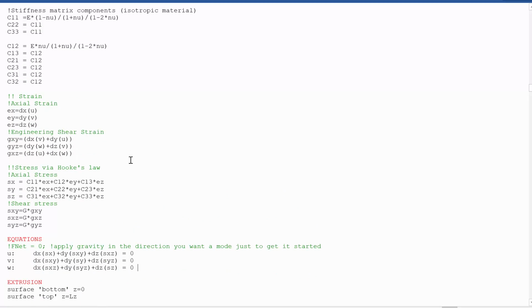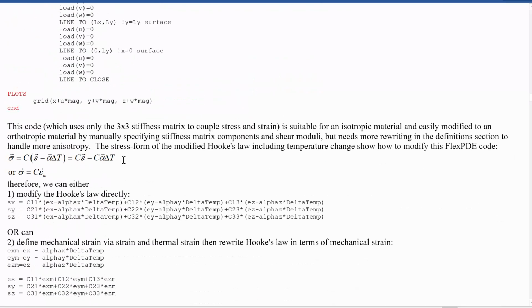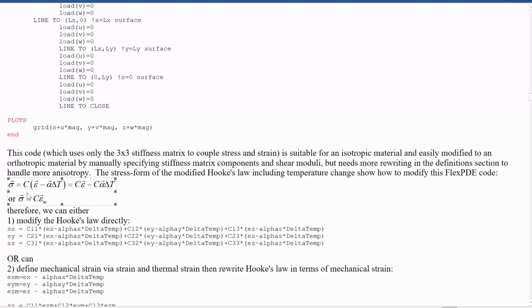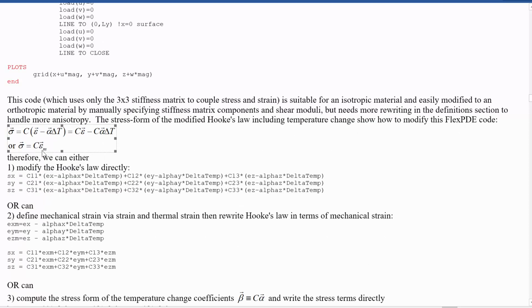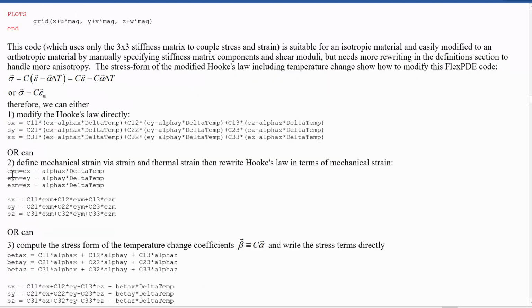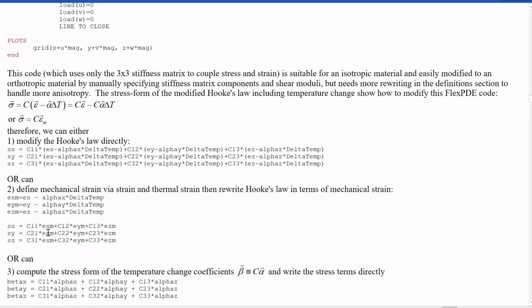So if we want to modify this to include thermal strain, there's a couple of different things that we can do. We can rewrite the stress as not C times the total strain anymore. If there's a temperature change, it's really C times the mechanical strain. So we could directly modify all the strains by alpha delta T, subtracting that off, or perhaps define the mechanical strain as the original strain minus alpha delta T in each direction, and then modify the Hooke's law equation to, instead of being in terms of the regular strain, be in terms of just this mechanical strain.